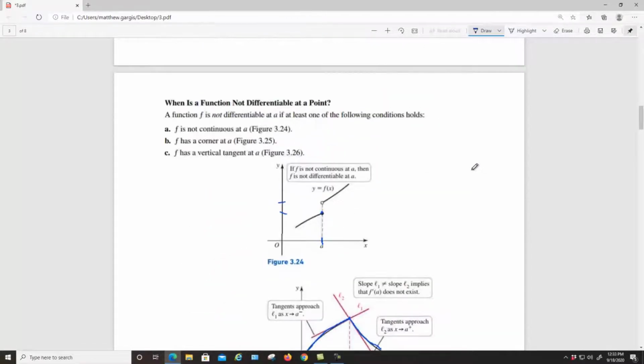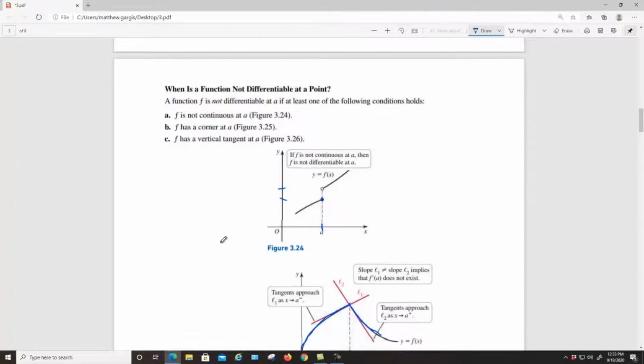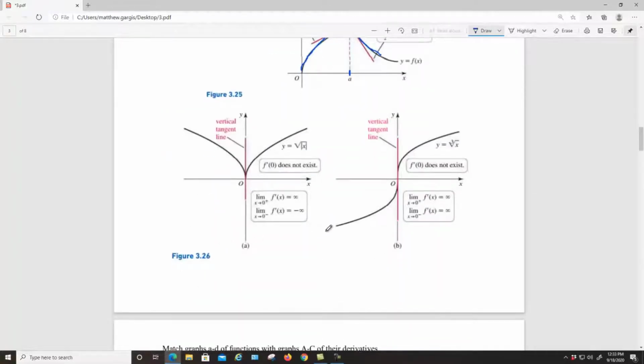The third way that a function is not differentiable is if it has a vertical tangent at A, so the slope would be undefined. An example is y equals root absolute value x, or y equals x to the 2/3 power, which is the same type of thing.